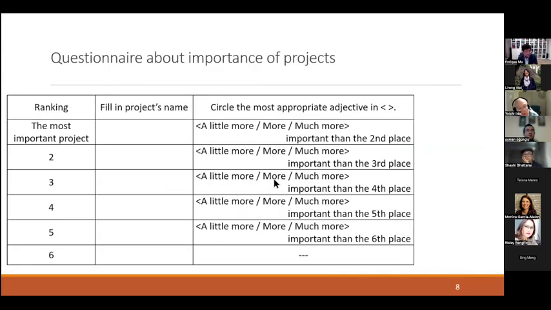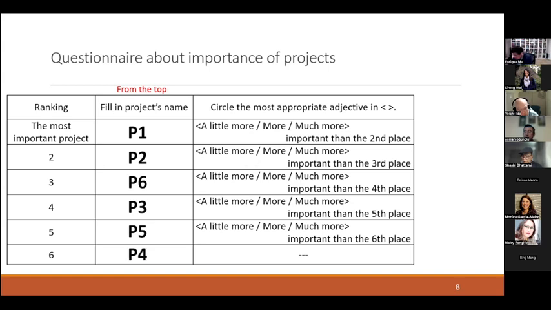This is a questionnaire translated into English. The evaluators rank the policies in order of importance from the top to the bottom. For example, the most important project is P1, policy P1, then P2, P6, and so on.